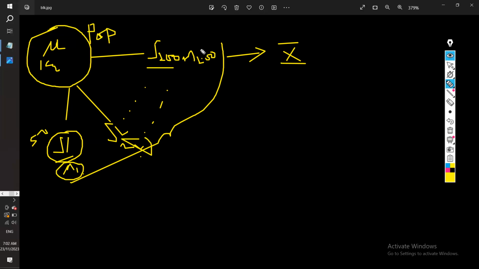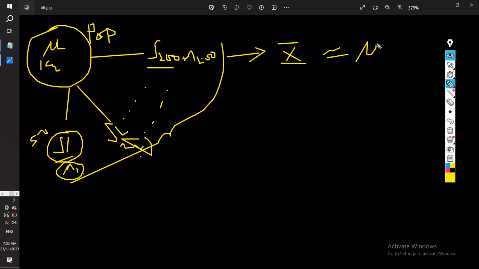X bar we can directly find out, the mean of all samples. Correct. Mean of all samples, you got X bar. Our goal is not to find out X bar. It is equal to the mean of the population. So what is the mean of the population?